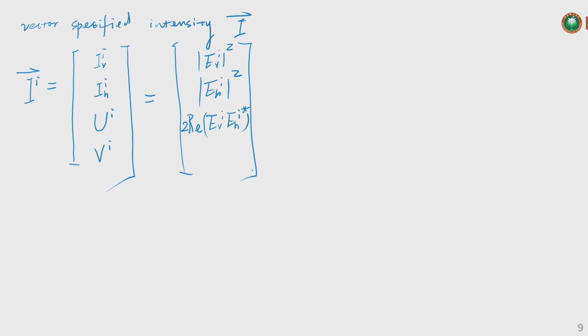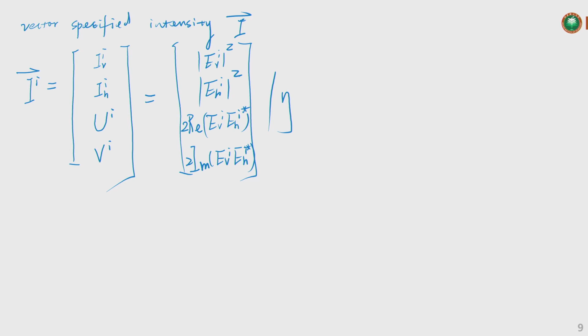And another term is the same thing, E_Vi E_Hi star, and we take its imaginary part. Also, this is not exactly the same: it should be divided by the intrinsic impedance of the medium or the target.